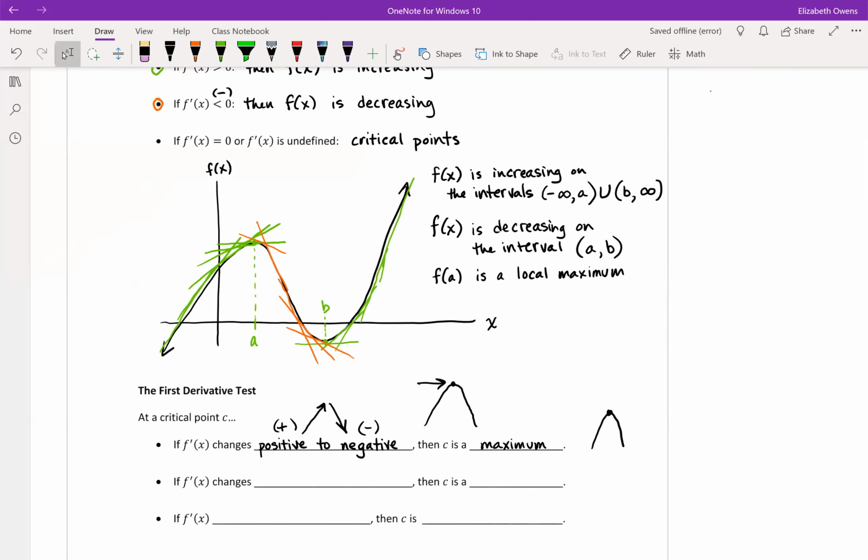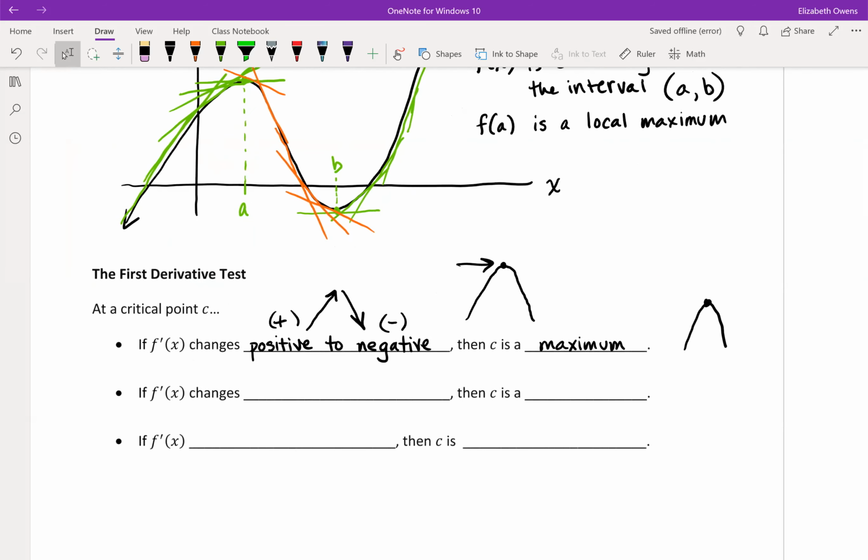All right, and so in that first derivative test, the next part flips this around, and if your derivative values change from negative to positive at a critical point, so you're negative coming into the critical point, you hit your critical point and then it's positive after that, that means you're going from an interval with decrease, then you hit your critical point and then you go increase out of it.